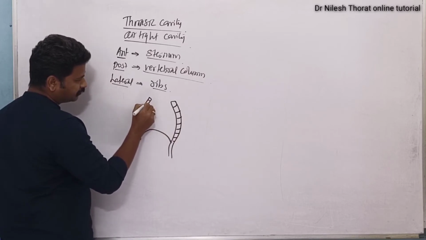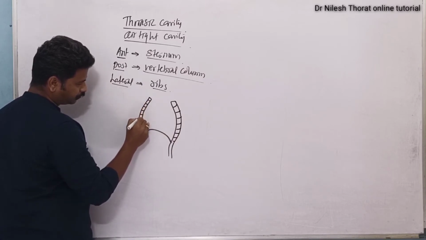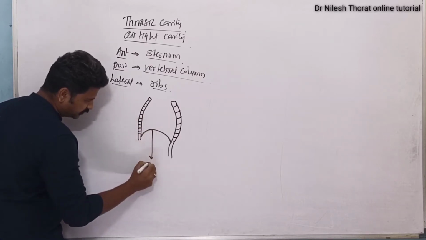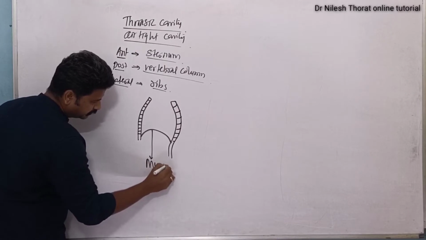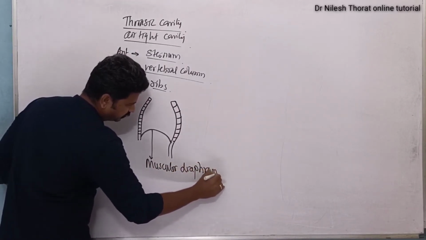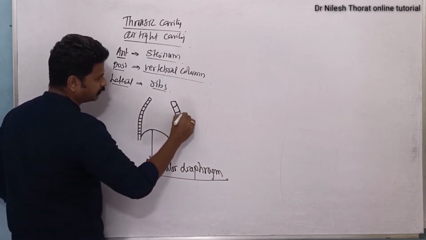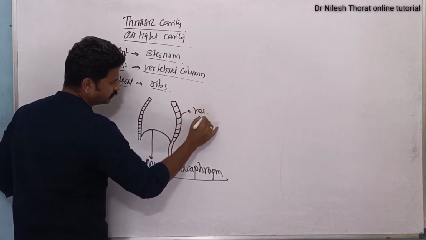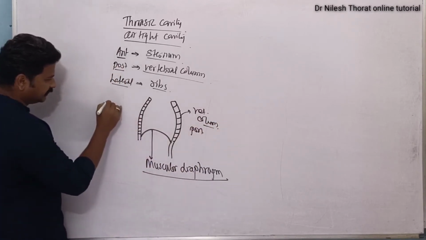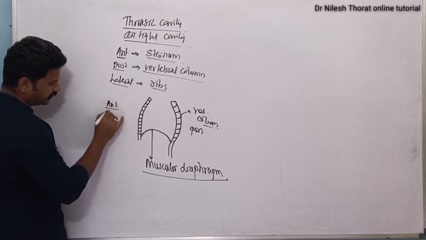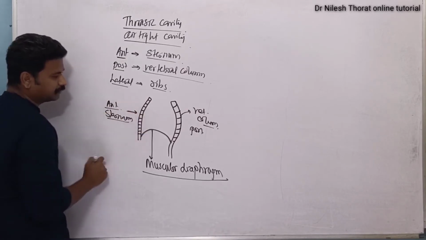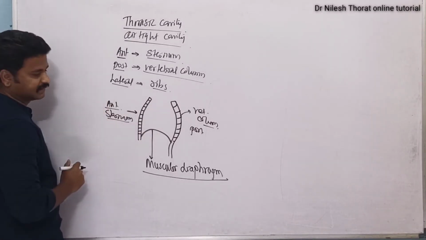This is the sternum, and this is the muscular diaphragm. This is the vertebral column on the posterior side. This is the anterior side, where we have the sternum. So this is a sternum, and this is a thoracic cavity.